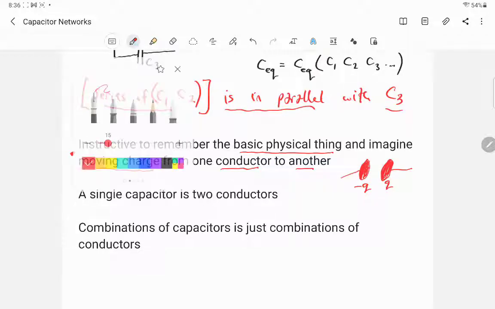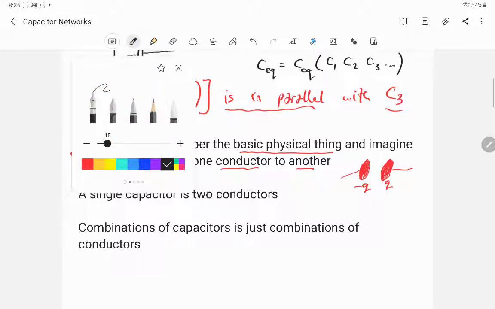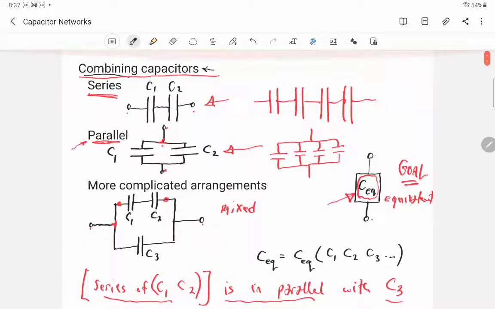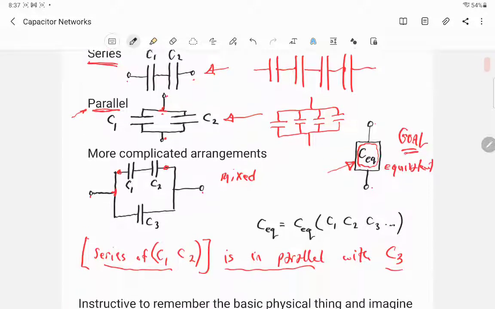And I'd like you to notice very carefully that the net charge of the capacitor is 0. And this is a basic thing about a capacitor. And that's the rule that we're going to use to understand every capacitor in all these possible networks.